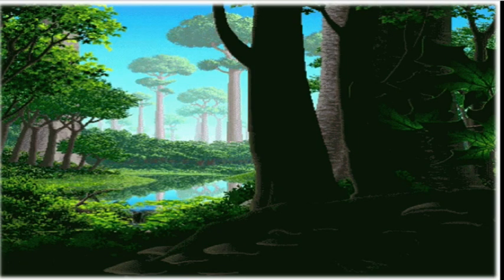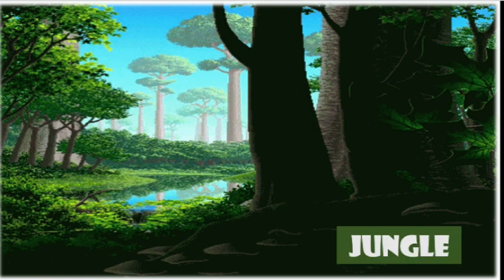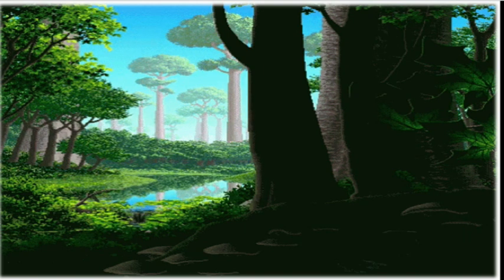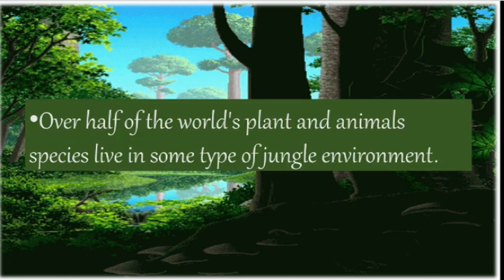Now this one is known as a jungle, or we can say a forest. So over half of the world's plants and animals live in some type of jungle environment. Yes, you all know that most of the animals live in the jungle.